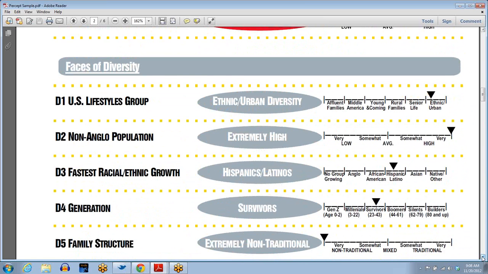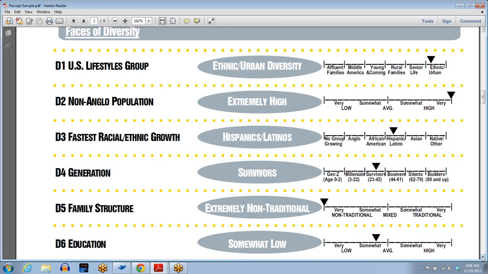Faces of diversity: here you've got a lot of ethnic and urban areas, so that's where this area is strong. Non-Anglo population, which is increasing strongly in the United States, is strongest in this case among Hispanic and Latino. The strongest generation are the survivors, the 23 to 43-year-olds, not the millennials.